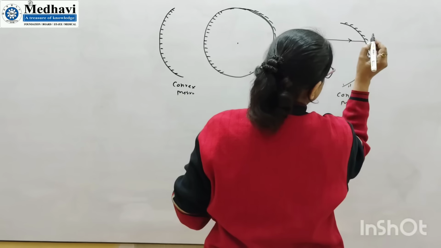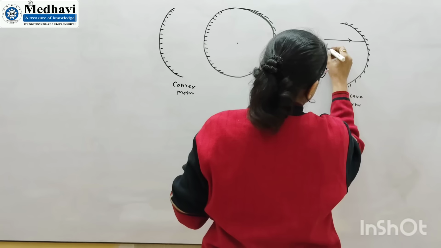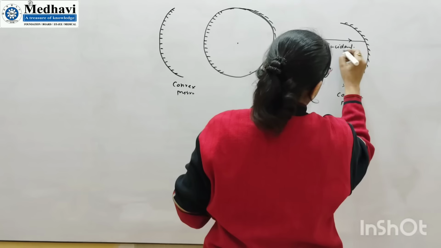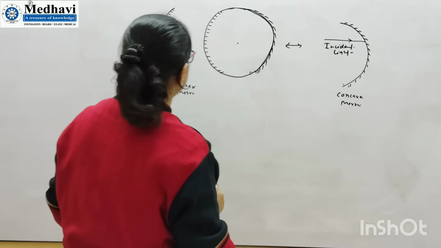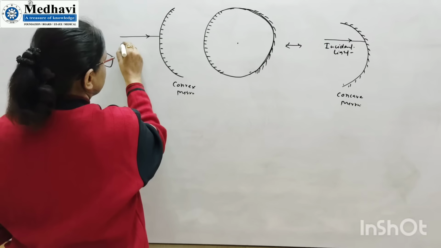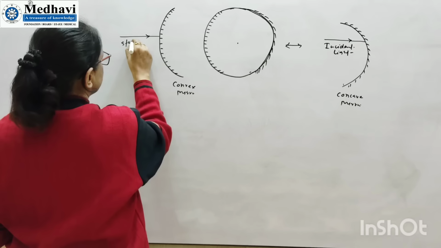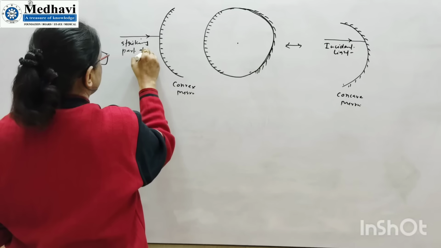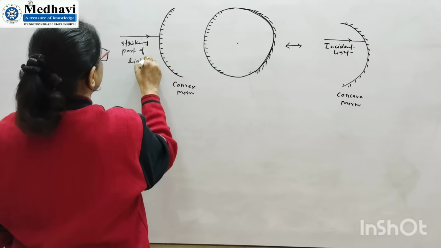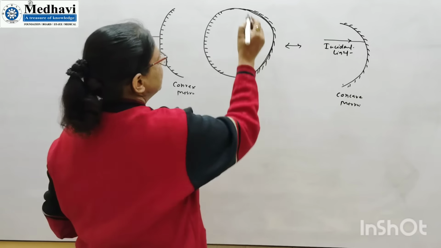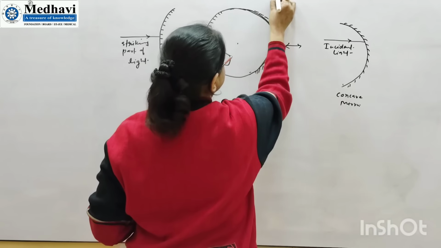This is the incident light, and here light will strike this part, the striking part of light. So this is the information about types of spherical mirror.